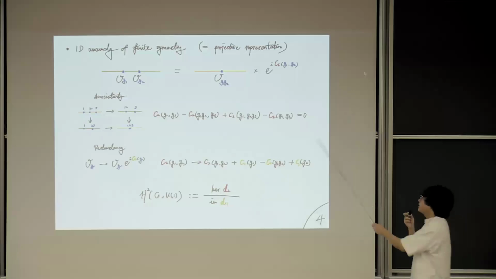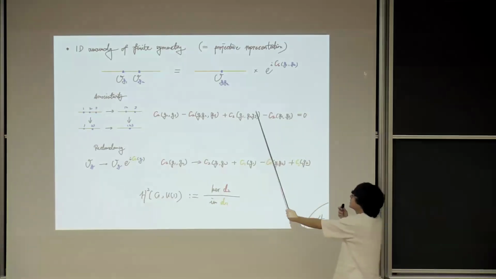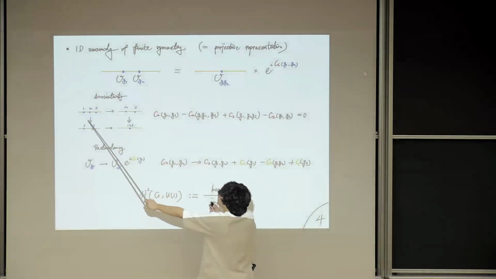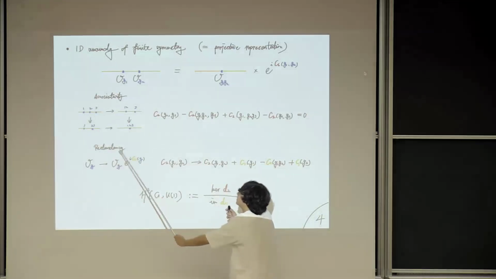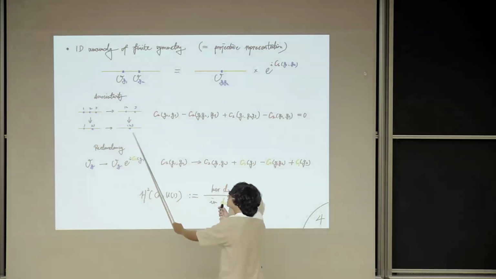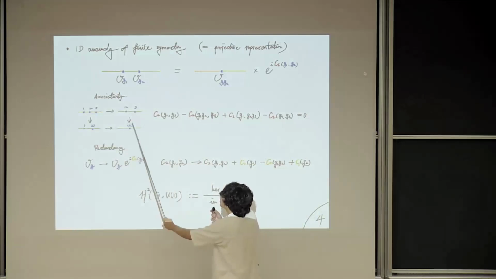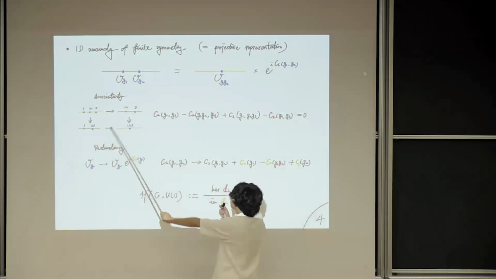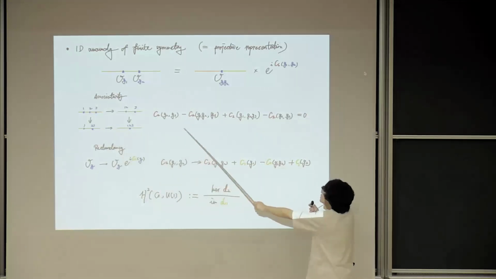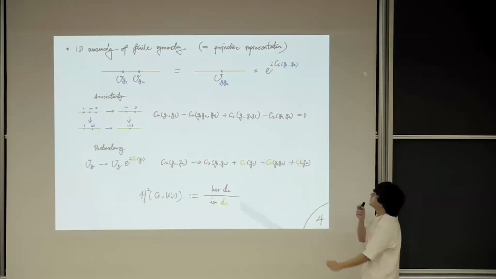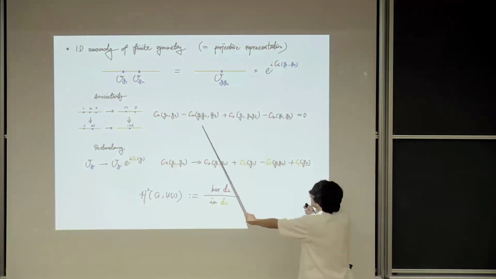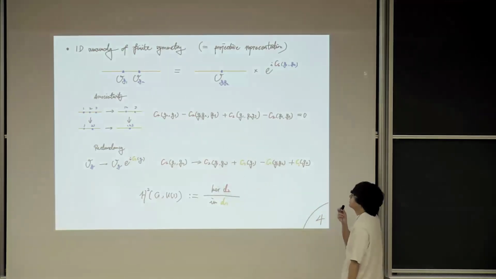This phase has to satisfy some conditions, namely associativity: if we have three operators, 1, 2, 3, we have two orders to fuse them to reach a single operator 1, 2, 3. If we require this diagram to be commutative, then we should impose this condition on the phase factor of the anomaly.